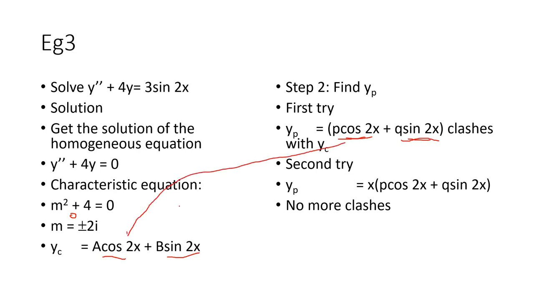The cos 2x and cos 2x are the same, sin 2x and sin 2x are the same. Don't look at this being p and this being a. We don't care about the coefficient, because the coefficient we are going to determine later on, but we cannot have the same term. Cos 2x same, sin 2x same. So if the same, the whole thing in brackets is multiplied by x.